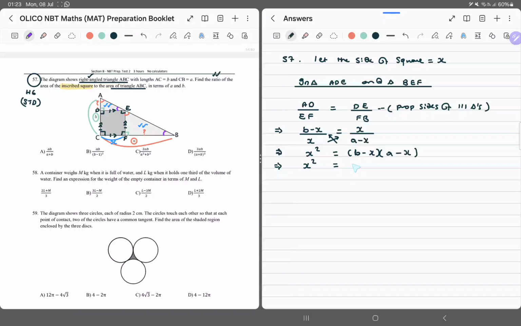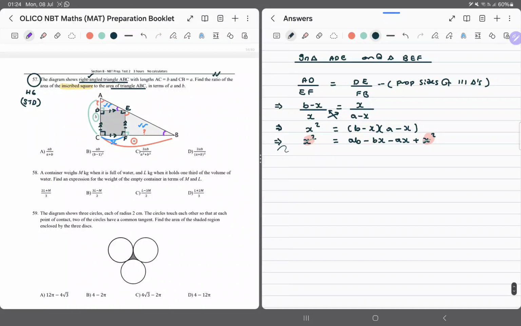X squared equals, this is going to be AB, okay, then minus BX minus AX plus X squared. And then we can see here X squared is equal to X squared. So these ones will cancel out because as we transpose one side to the other, it basically disappears.